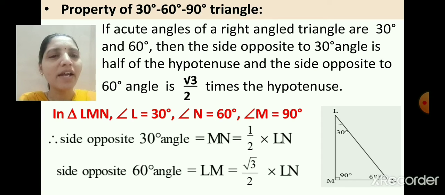Similarly, the side opposite to the 60 degree angle, which is the side opposite to the 60 degree angle? Yes, side LM. So that is equal to √3 upon 2 times the hypotenuse, that is √3 upon 2 into LN. I hope you all are understanding this. You have to remember all these properties.